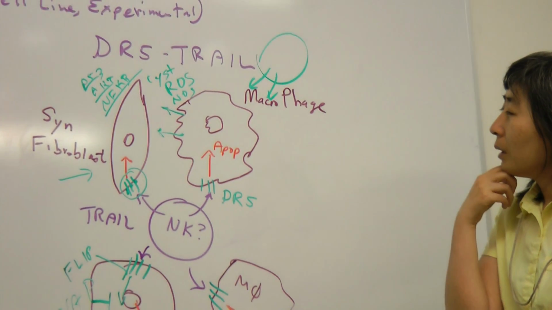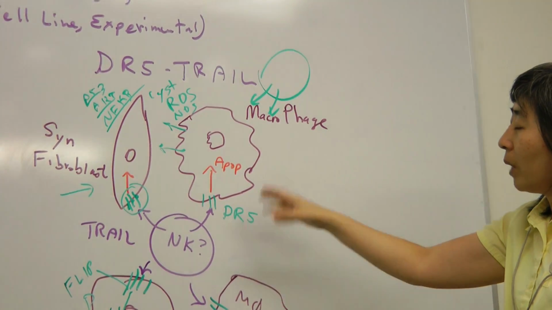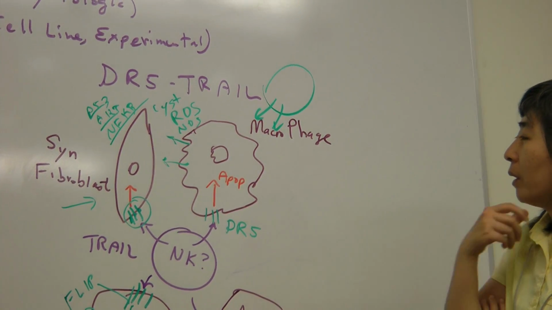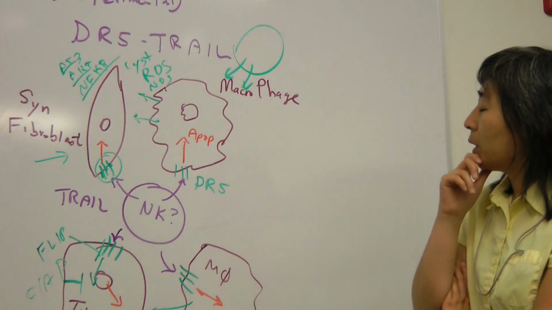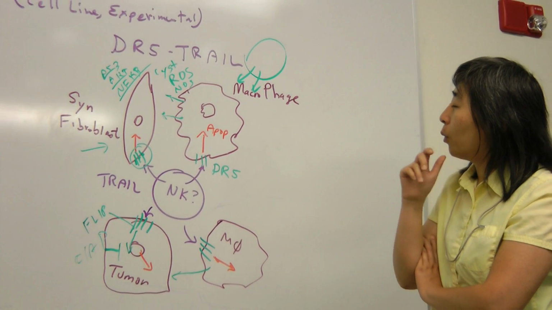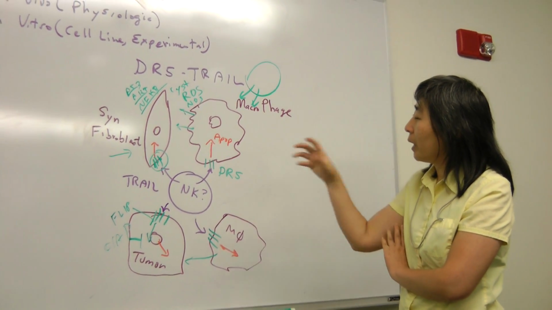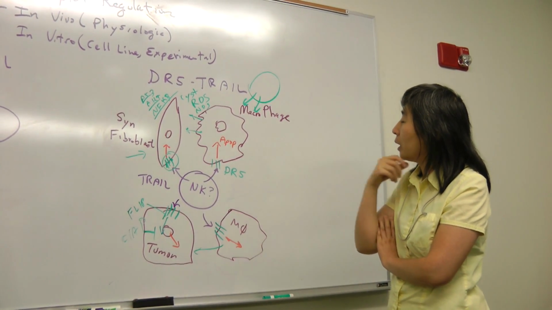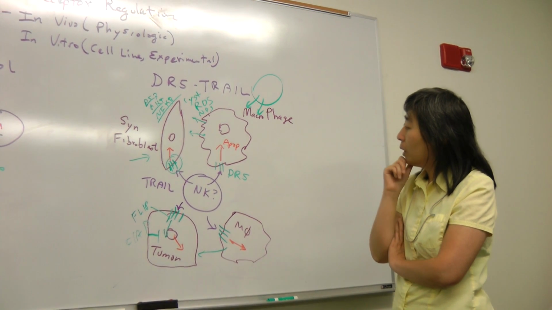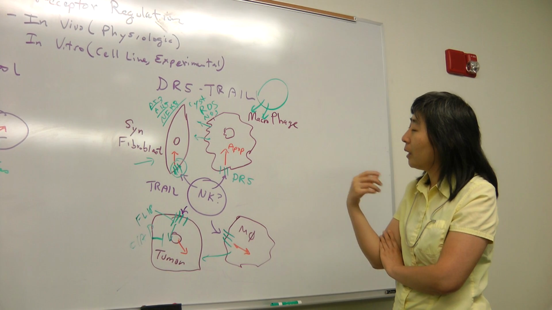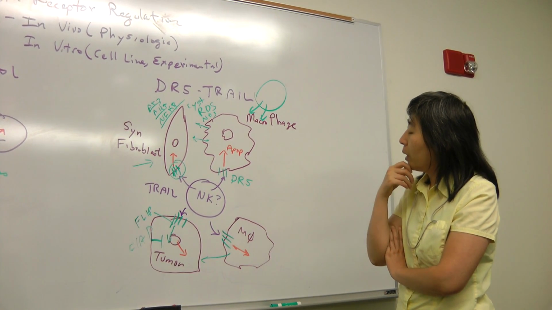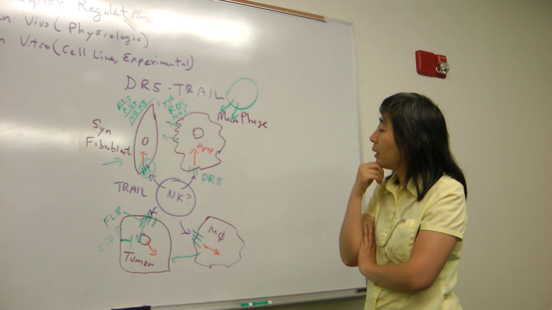So does that mean the inflammatory macrophages themselves become activated with expression of DR5, or do they trigger the apoptotic signal for DR5, and that's why these cells are sensitive to TRAIL killing?